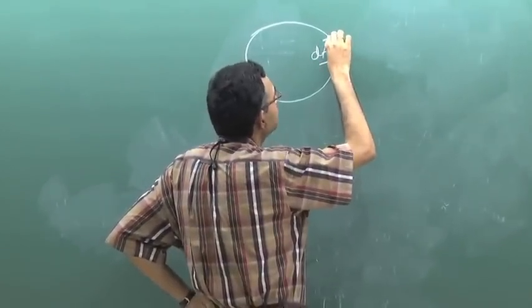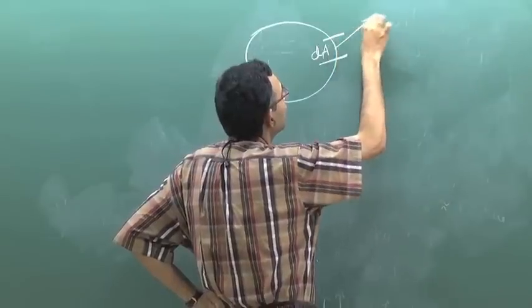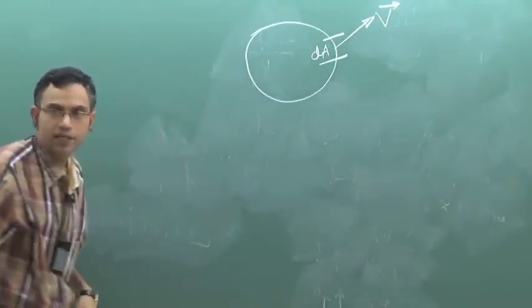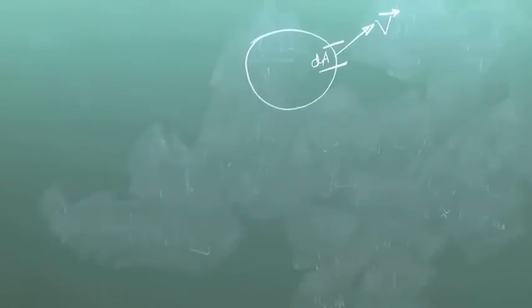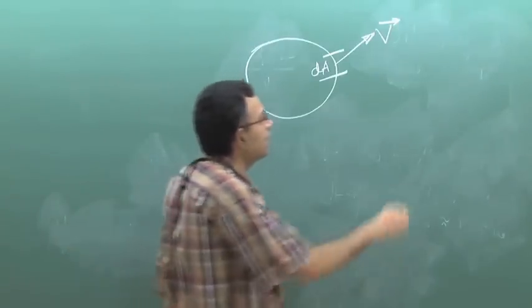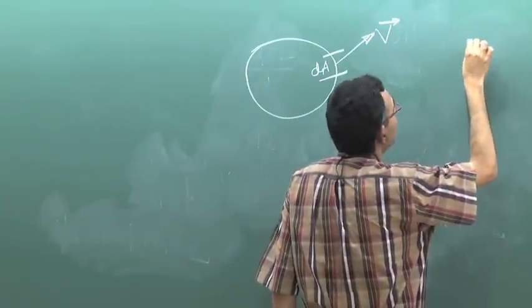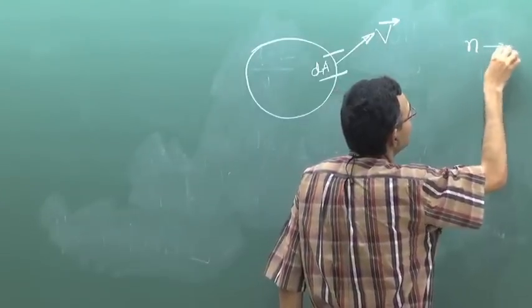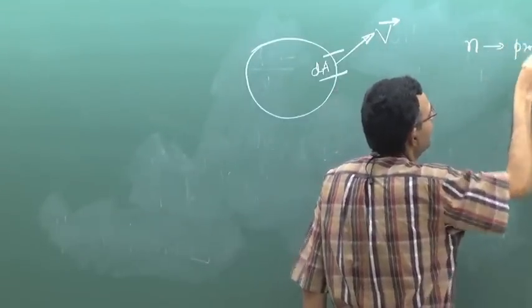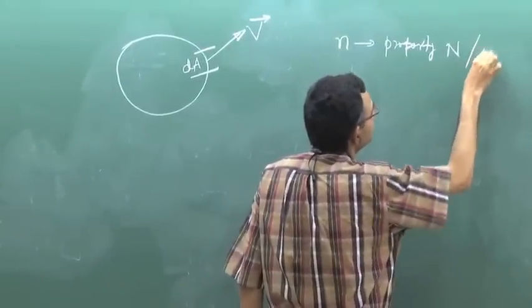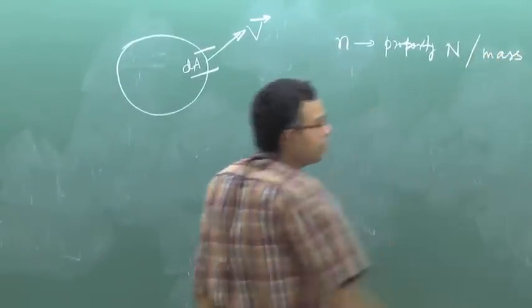Let us say that V is the velocity of flow at this outflow boundary, and small n is the property N per unit mass.